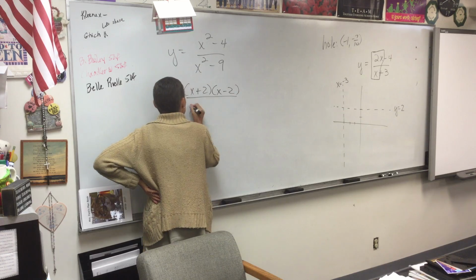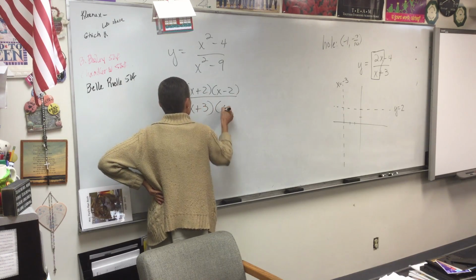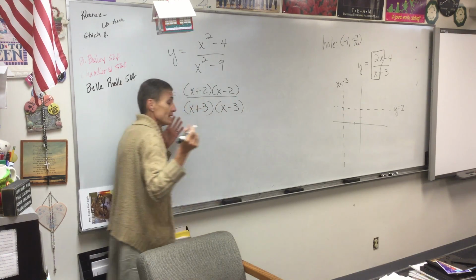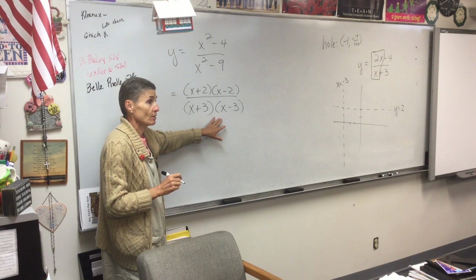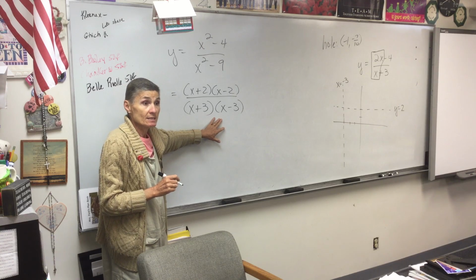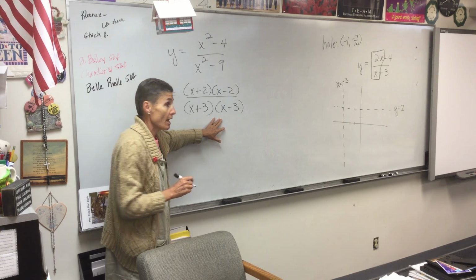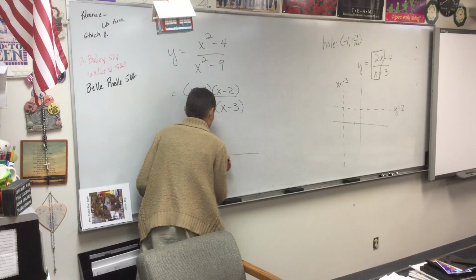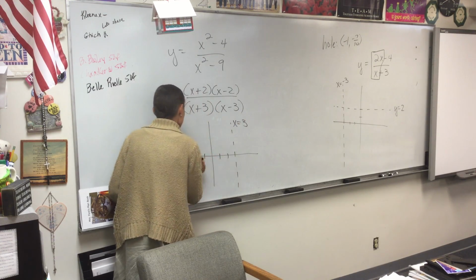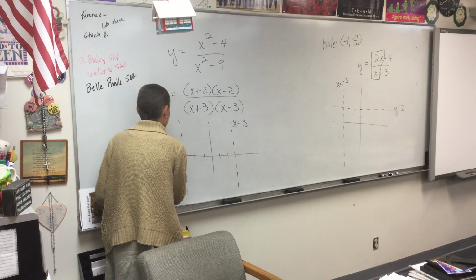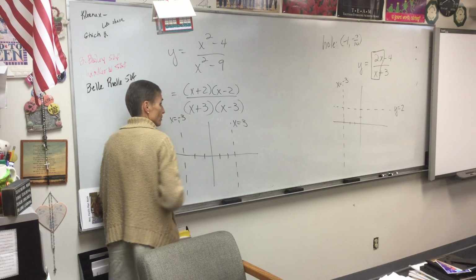Bottom: x plus 3, x minus 3. Nothing canceled. What does that mean? No holes. But there's two things down here, which means two vertical asymptotes. So I'm going to have a vertical asymptote at x equals positive 3 and a vertical asymptote at x equals negative 3.